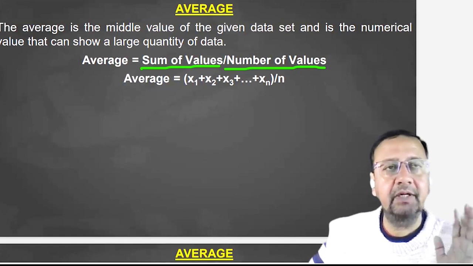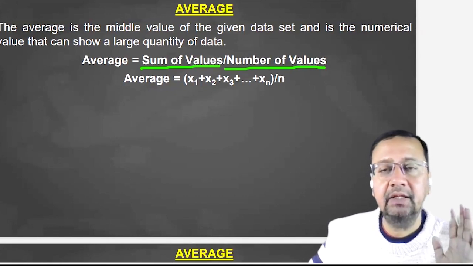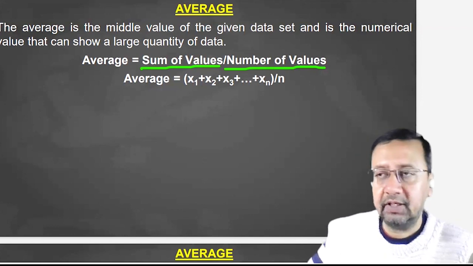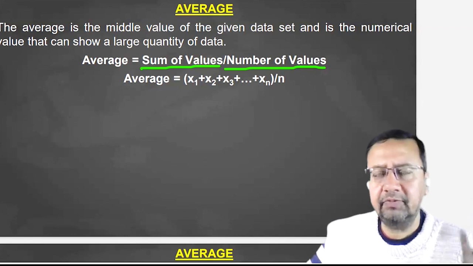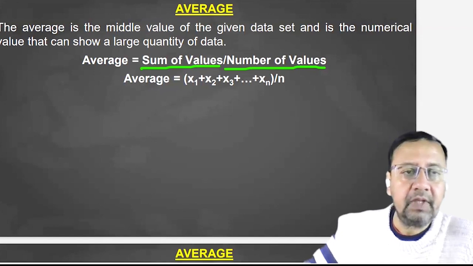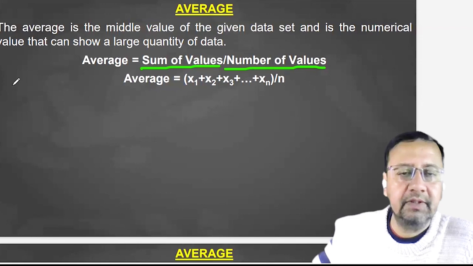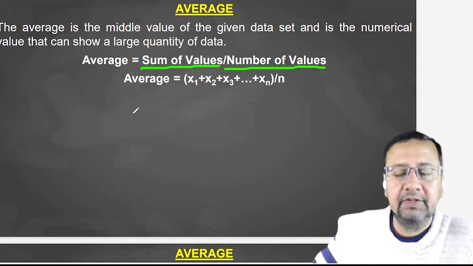It has the maximum utilization and uses in practical matters, right? Whenever we talk about average, we are talking about this simple average, that is, the sum of the values divided by the count of the values. So suppose I have different numbers, right? Then the simple average can be defined as what?